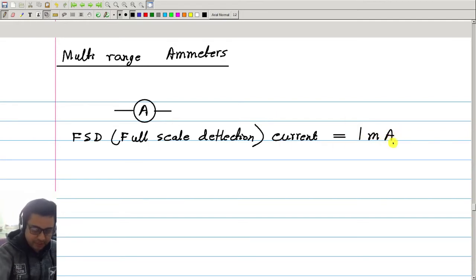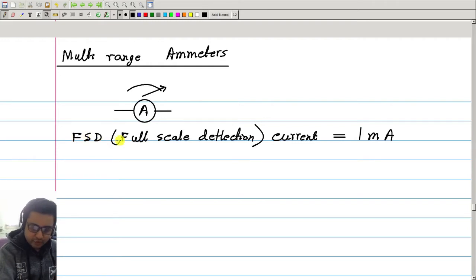What does this mean? It means if 1 milliampere current is flowing through this meter, then the pointer will move to the extreme right position. It will show maximum deflection on this scale. That is called full scale deflection current.